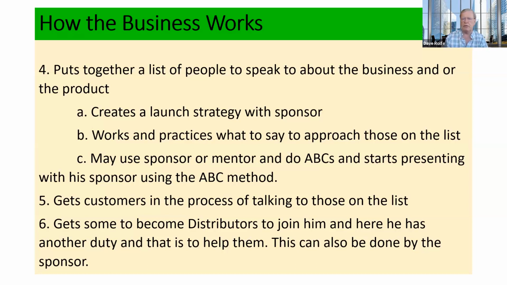Now, you've heard about creating your story. Well, you've got your story, you've got the Nikan story, you've got all kinds of stories. But it's how do you say what you need to say, which then you want to practice with your sponsor or your mentor.